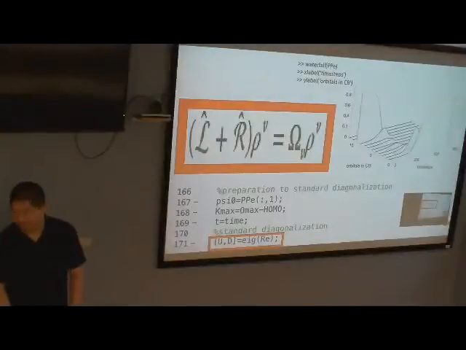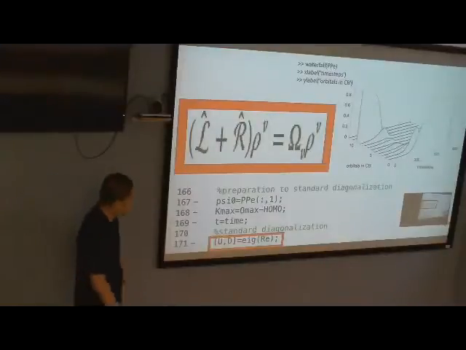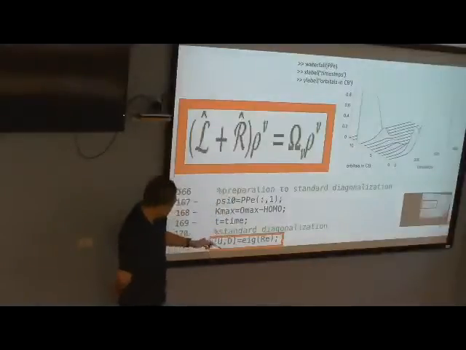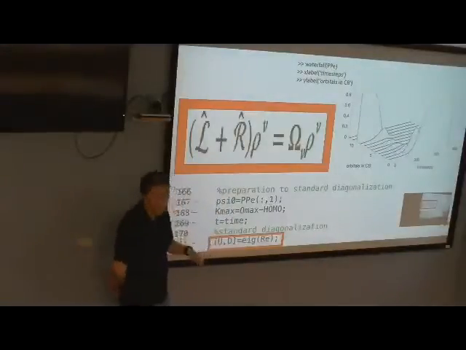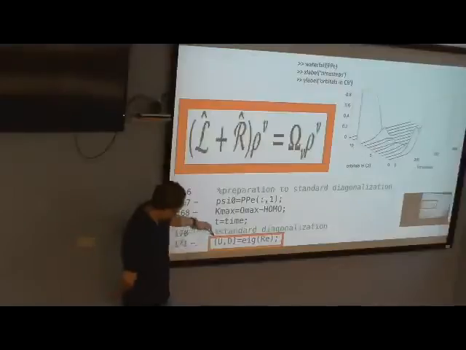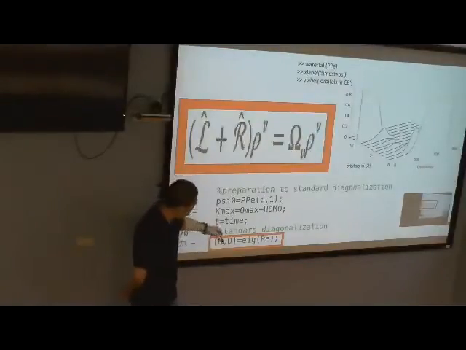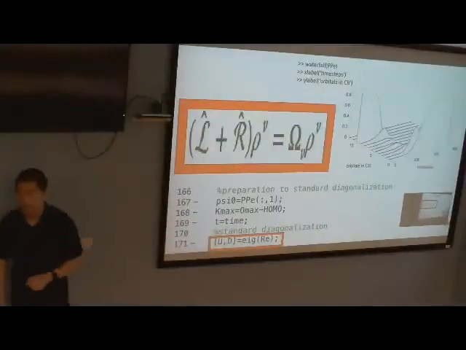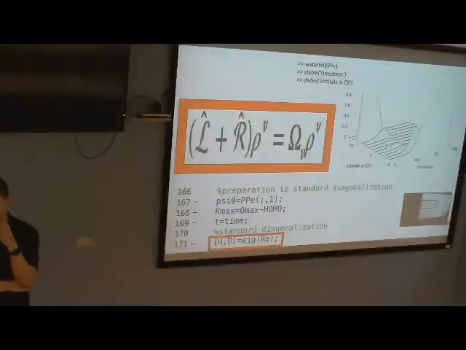Can you explain what the EIG command is? This is a function of MATLAB. By typing this command, we get two kinds of data. The first one is the eigenvector, which is U. The other one is the eigenvalue, which is D. So it finds eigenvectors and eigenvalues, and they are directed into two matrices.